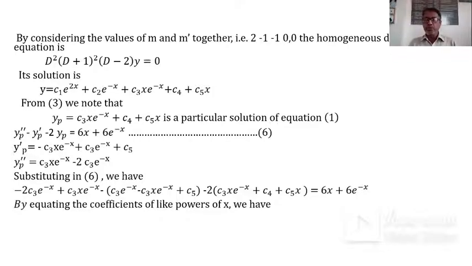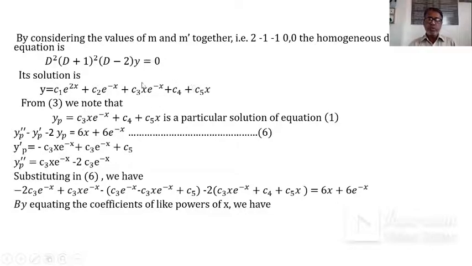but e to the power 0x is 1. That's why I have written here directly c4 plus c5x. This is the general solution of this differential equation, but we see that these first two terms belong to yc.